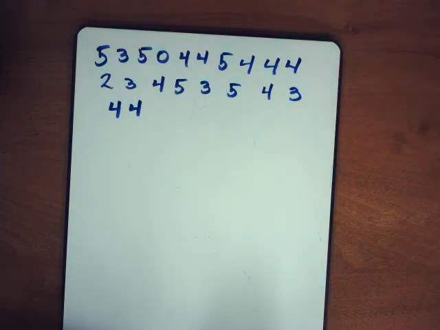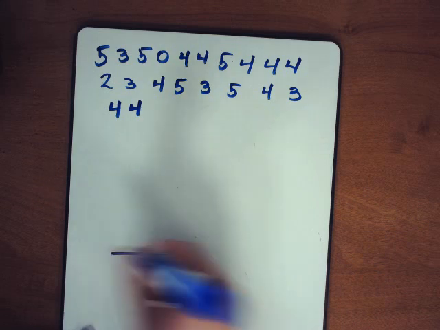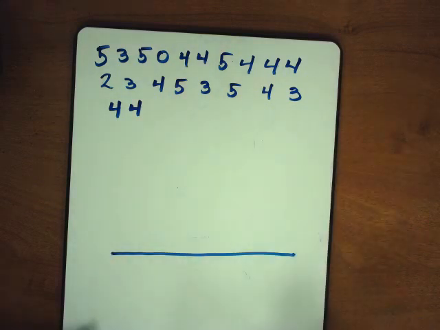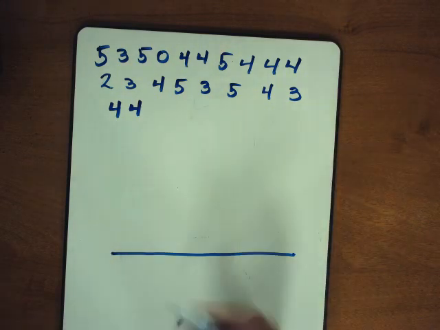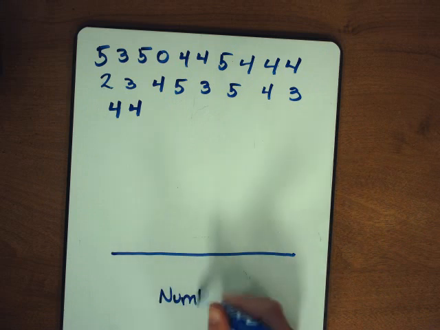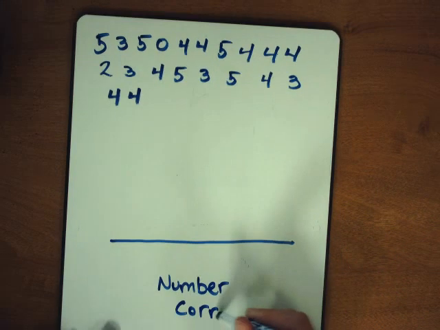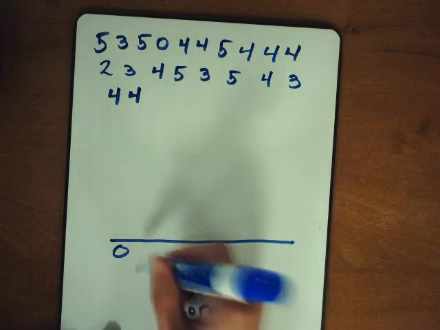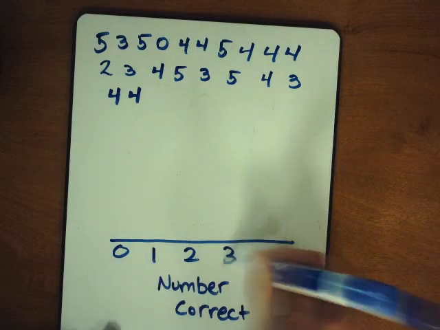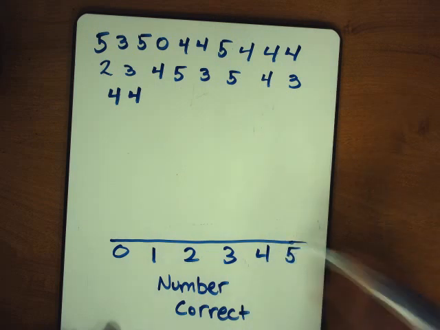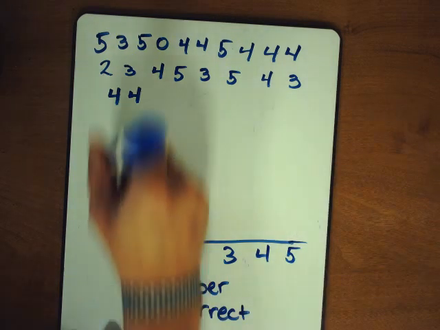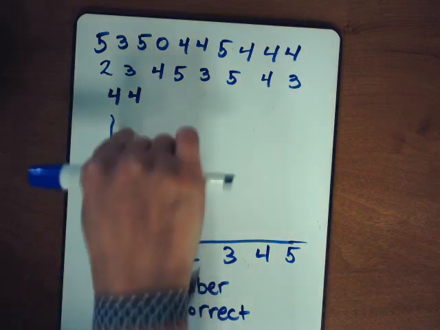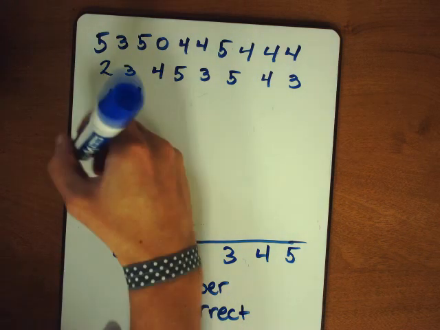So I'm going to make a line plot to organize this data first. We had the number correct, I'll put here. So you have a choice of 0 correct, 1, 2, 3, 4, or 5 correct. And then as we grow, these will be the number of students.